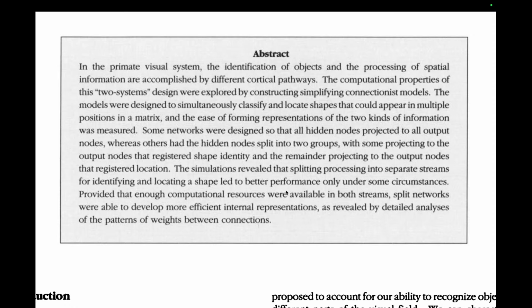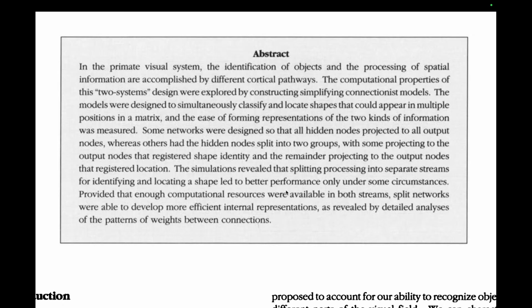The simulations revealed that splitting processing into separate streams for identifying and locating a shape led to better performance only under some circumstances. Provided that enough computational resources were available in both streams, split networks were able to develop more efficient internal representations as revealed by detailed analysis of the patterns of weights between connections.